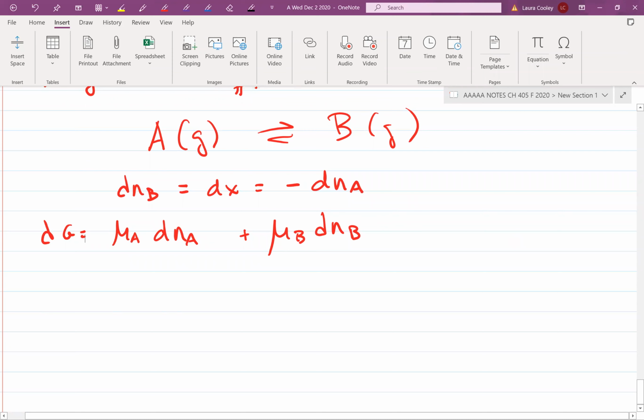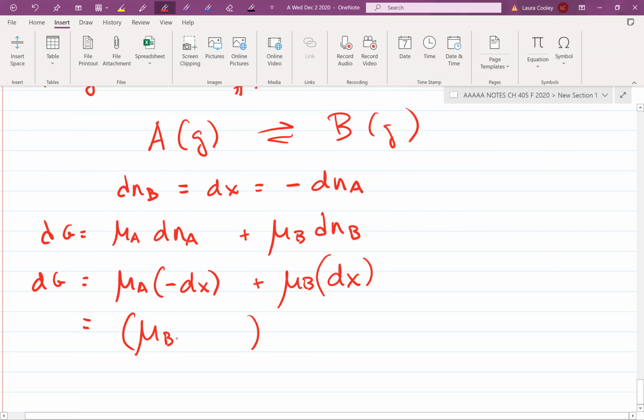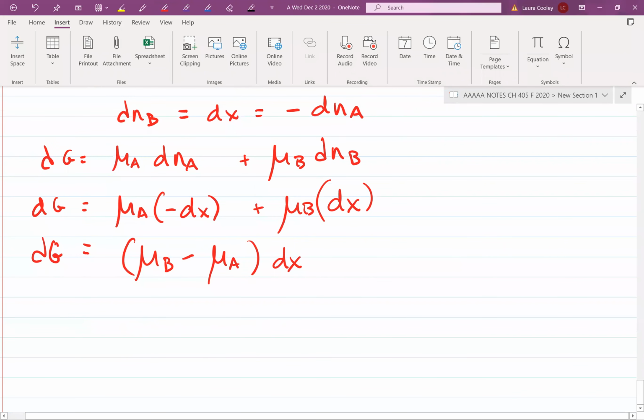Okay, and I substitute in, what I end up with is mu A times minus dx plus mu B times dx equals dG. So this becomes, if I take out the dx, mu B minus mu A, times dx. And then I can do something even better, because remember, this x is what we call the extent of reaction parameter, okay?